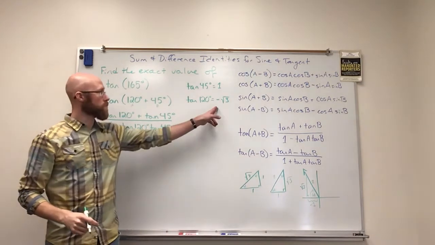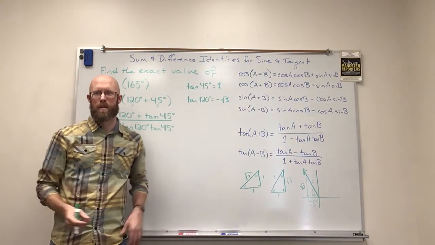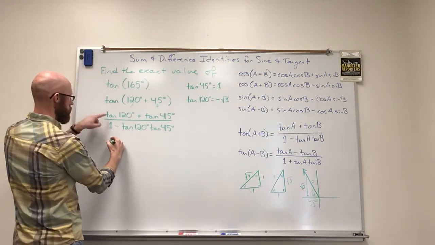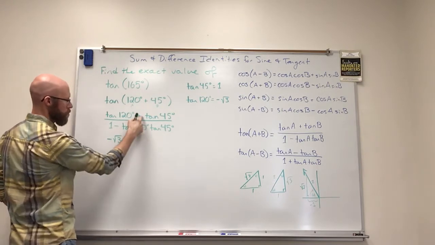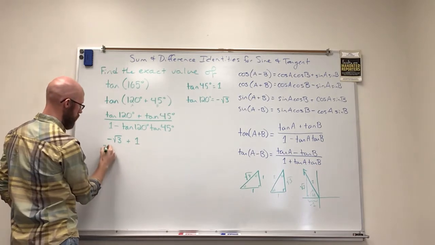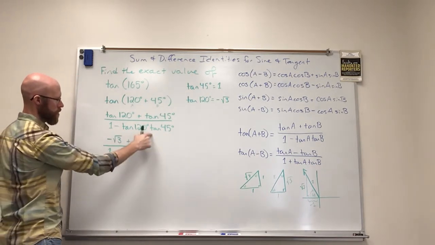So with these two values, I just gotta plug them into the formula here and maybe do some simplifying to make it look nice if necessary. So I've got tangent of 120 is negative root 3 plus the tangent of 45, which is 1, all over 1 minus this stuff.